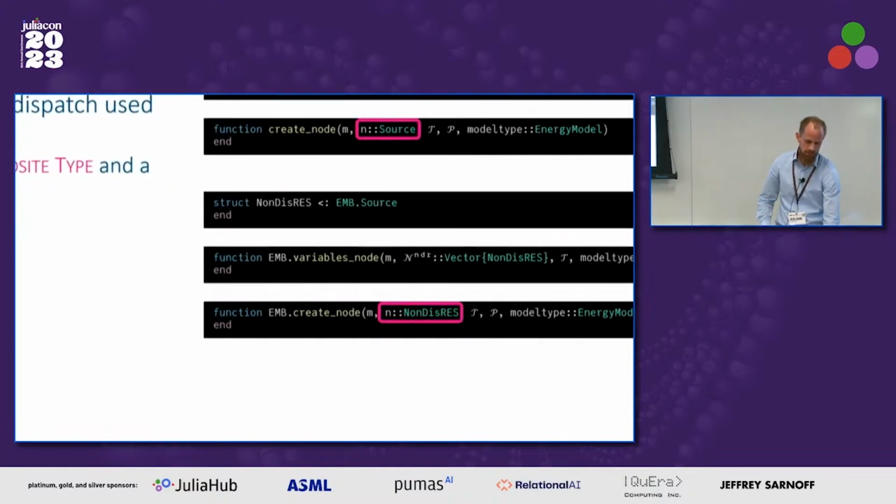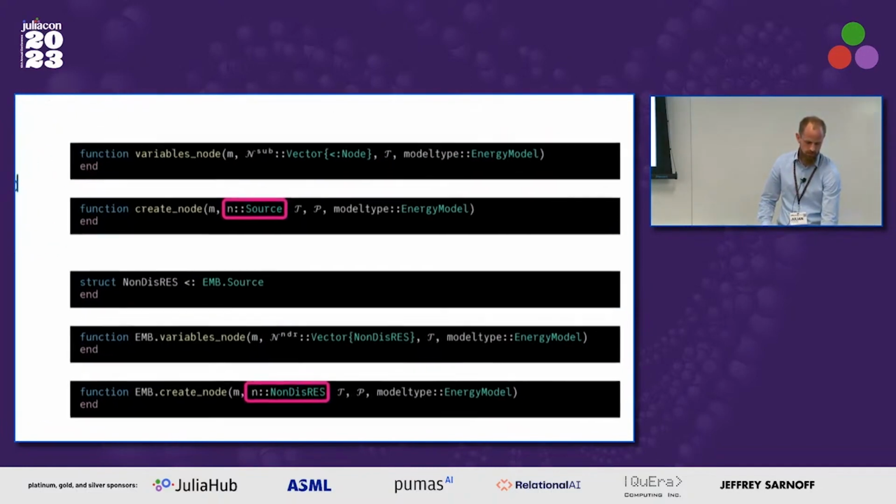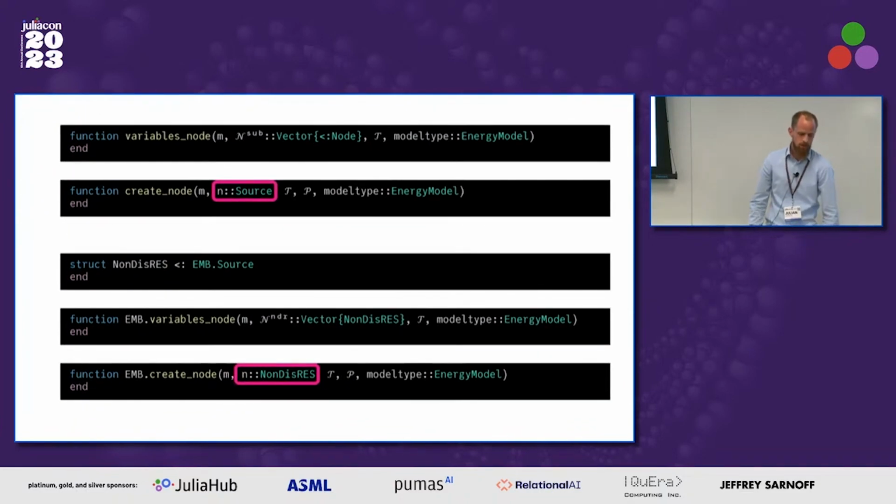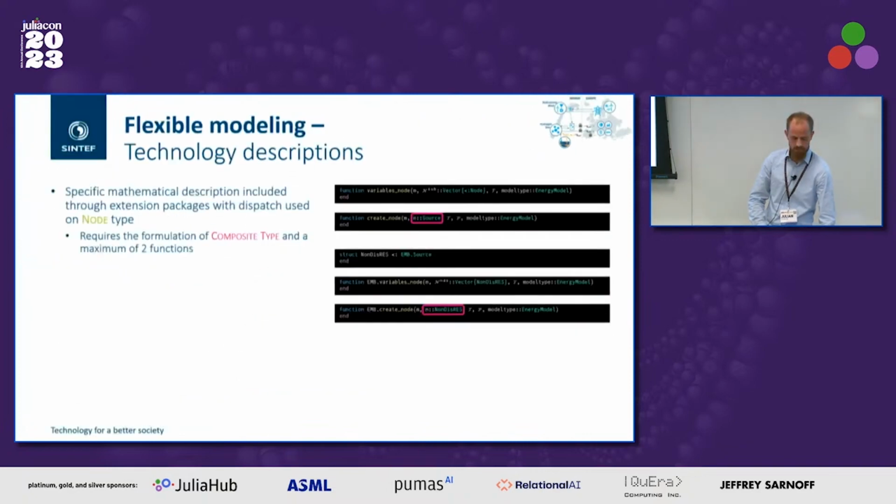What we do here is pretty much taking a look at these functions. The composite type, variables creation for the individual nodes, which we're currently doing for all non-dispatchable renewable energy sources in the same kind, plus the constraint functions for that. And that is pretty much all needed if you want to have a new technology description. Nothing more has to be done.